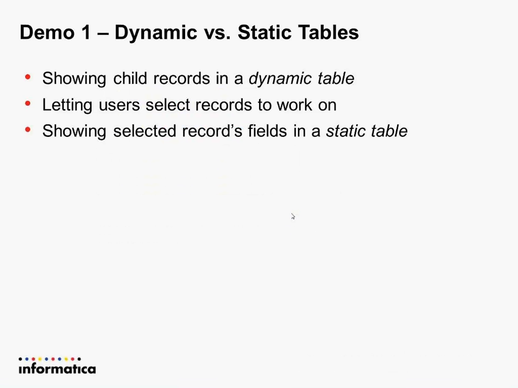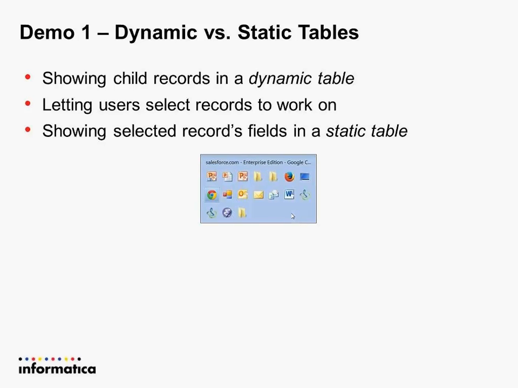So I'm going to be running through a number of demos on the capabilities of tables. When I talk about tables, you shouldn't be envisioning tables in the database. You should be envisioning rows and columns on your screen.